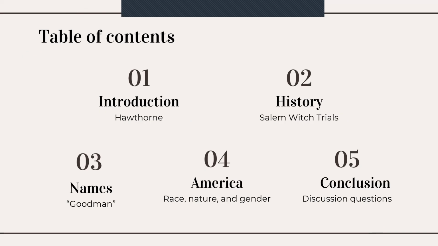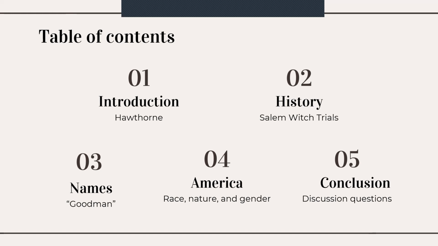Okay, this is the content I'll talk about today. First of all, I'll briefly talk about Hawthorne and his style. Actually, Young Goodman Brown reminds me of a couple of his other works, so I'd like to explain his style with his other two works in section one.